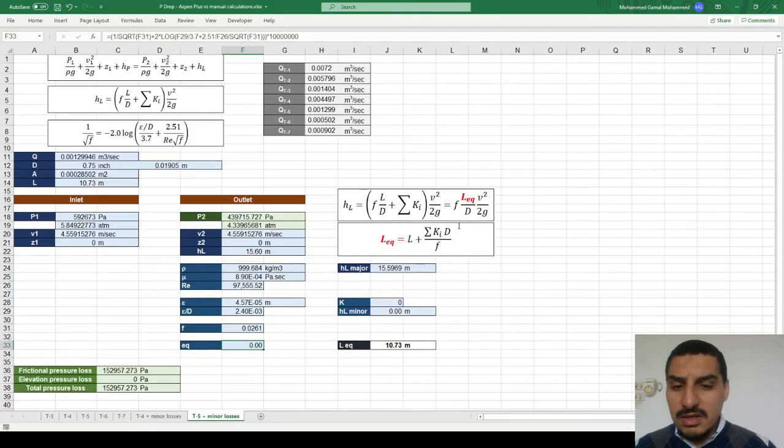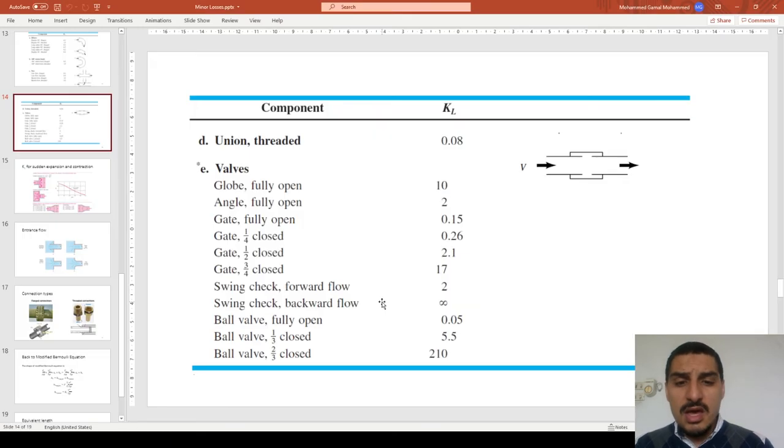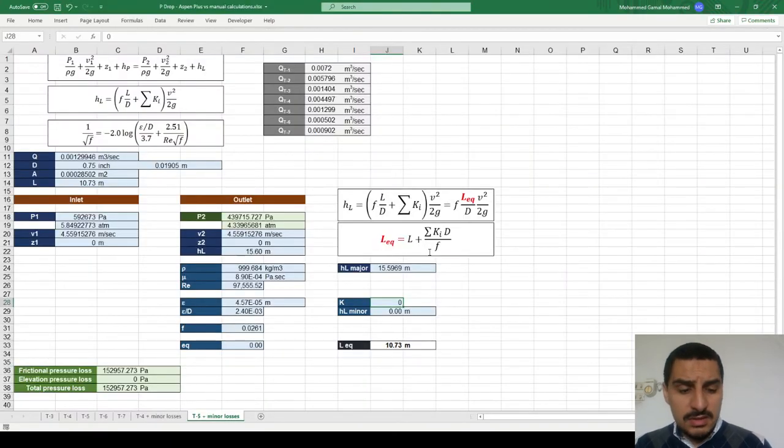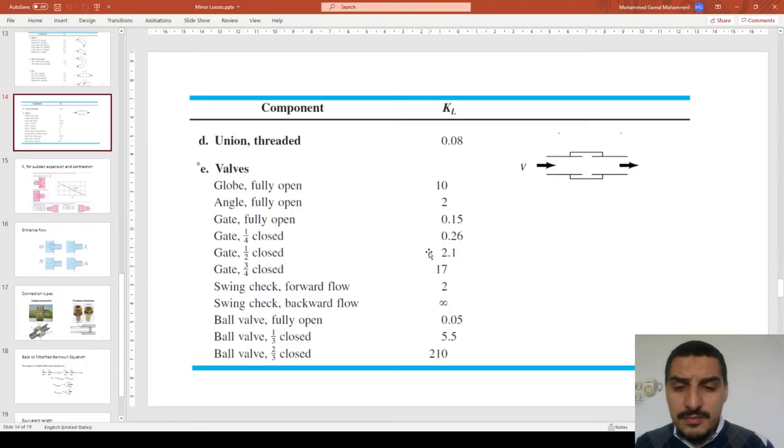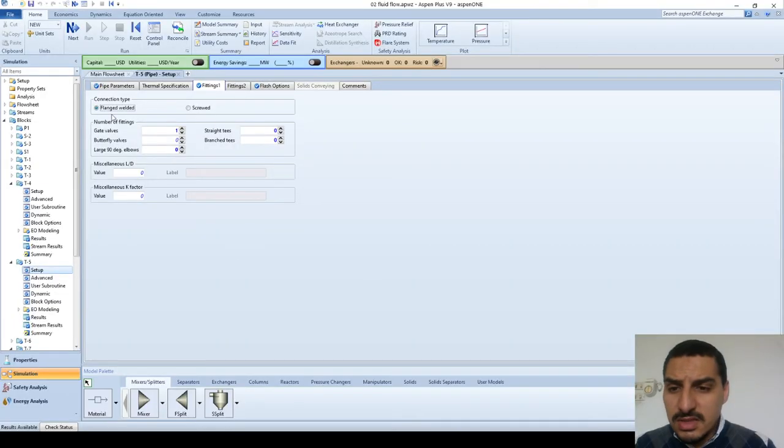And I have my Excel file here. I added some parts for the minor losses, and here I can calculate the equivalent length. I just put the k of 0.15, and it gives the equivalent length 10.84, which is very close to 10.93.